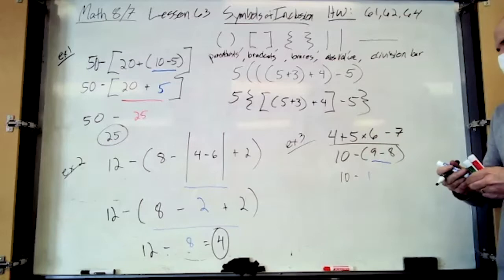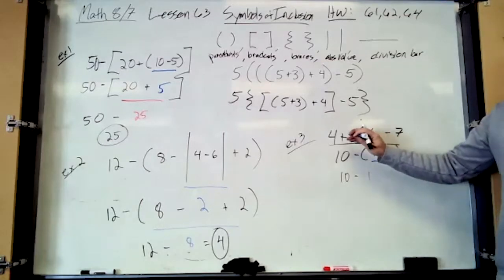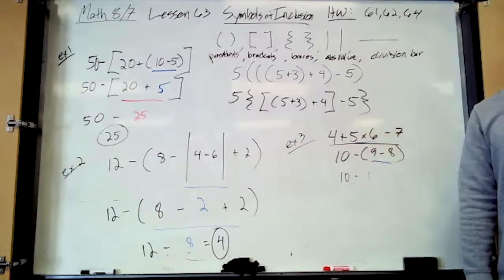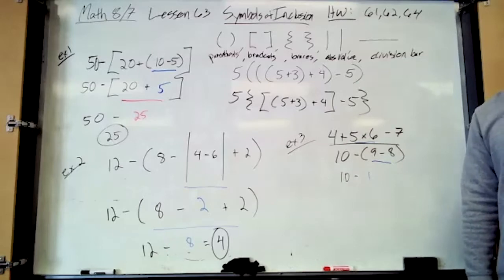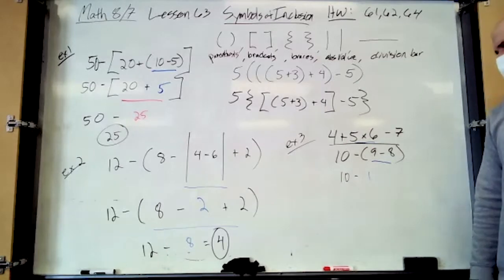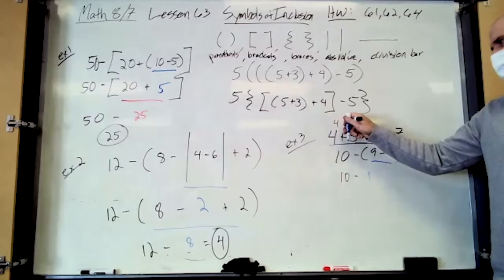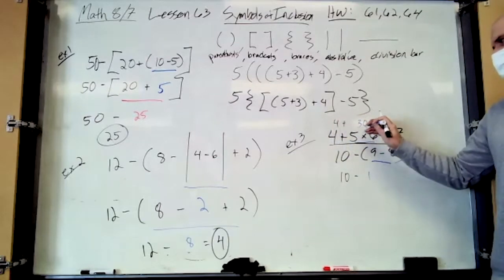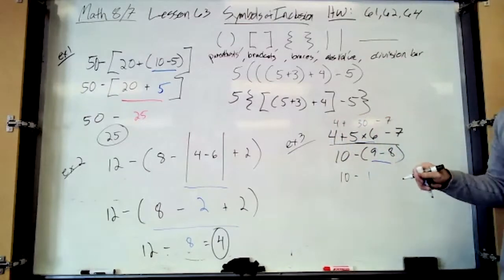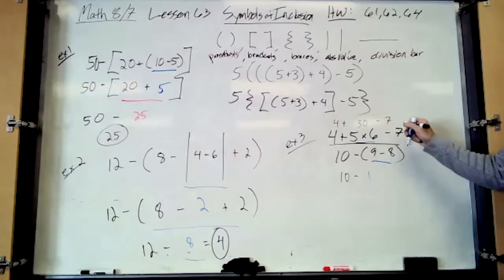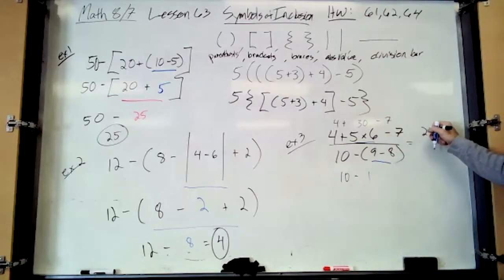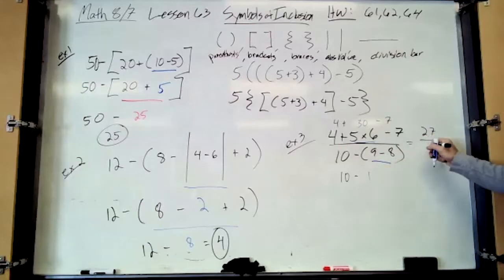Yes, do multiplication first. Don't do 9 times 6. So this is 4 plus 30, which is 34, minus 7. So on top you get 27, and then 9 on the bottom, which is 3.